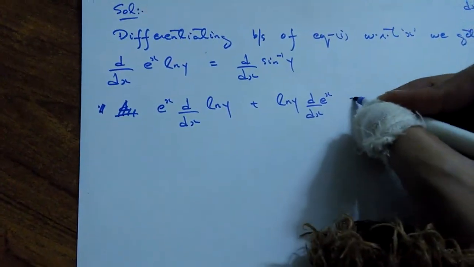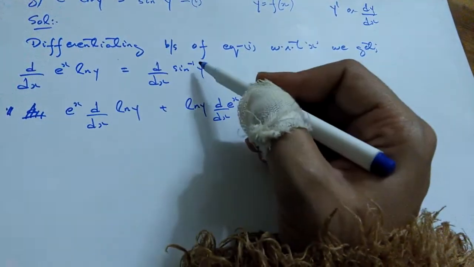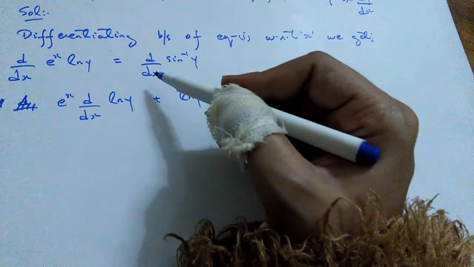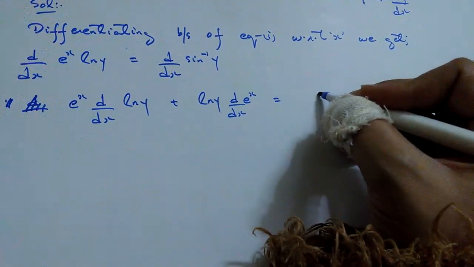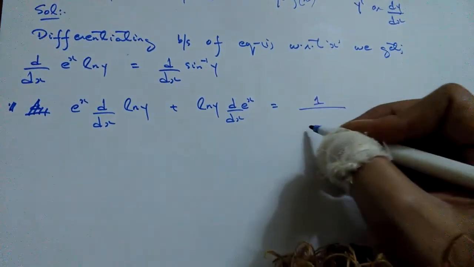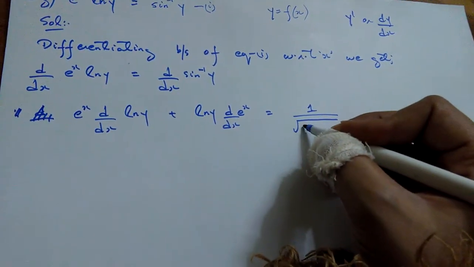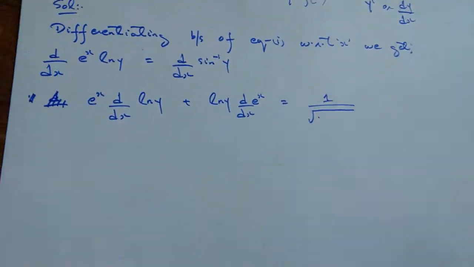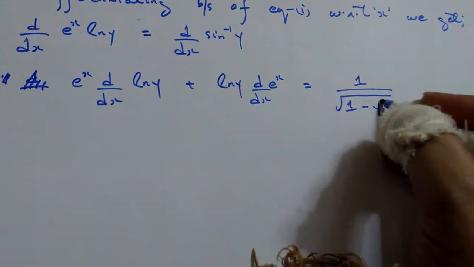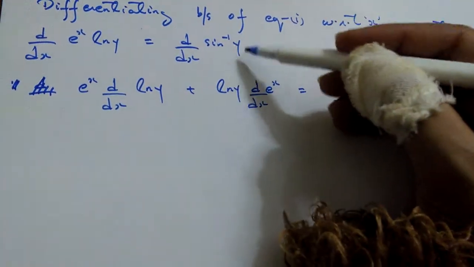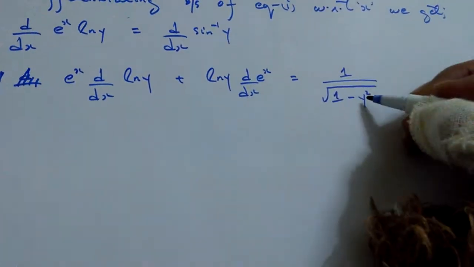All right, and for sine inverse y, the derivative of sine inverse y with respect to x, that's what we have to do. So it is 1 minus y square under root, and you're going to use here your chain rule because it is not simply x.